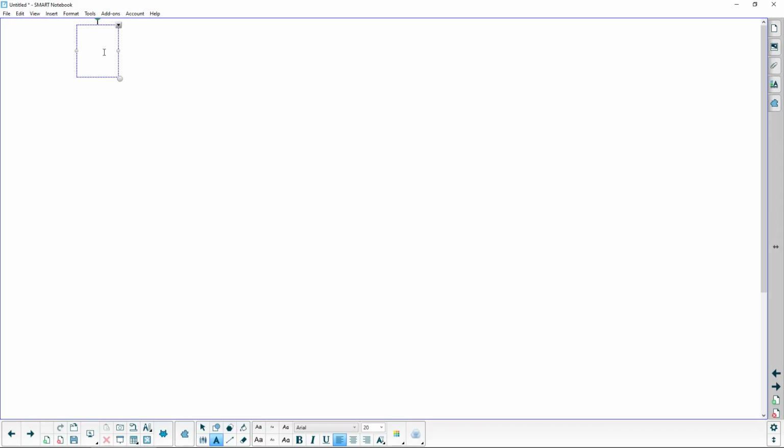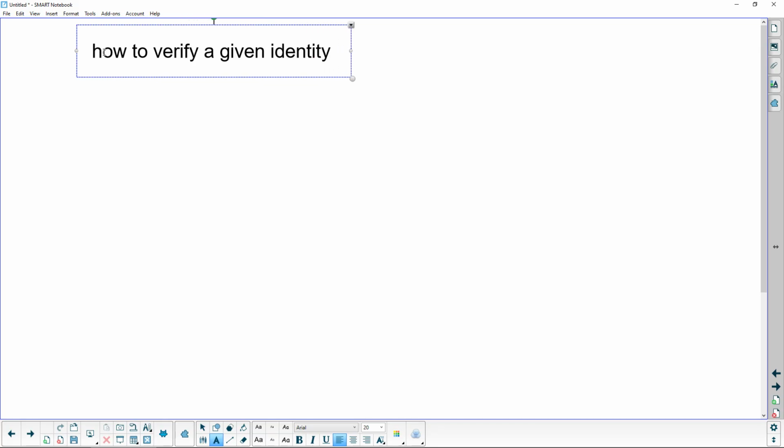The first type of question that shows up in this section, this is chapter 6, I think, or whatever, is how to verify a given identity for a certain result.